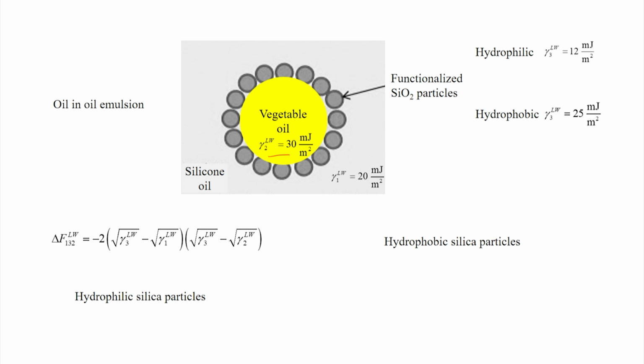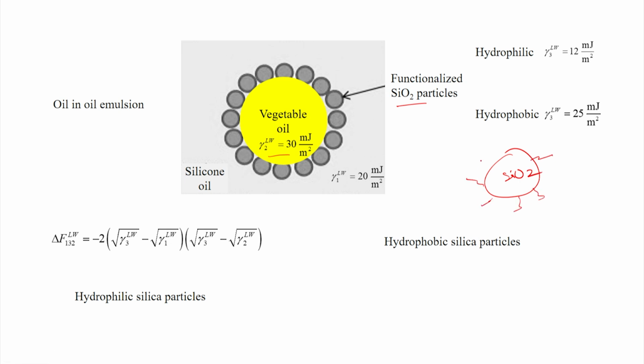Now let us say that we are attempting to stabilize this emulsion by using functionalized SiO2 particles. These are microparticles, microspheres, and they can be functionalized in the sense that, let us say this is the SiO2 particle, you can attach molecules of different types.